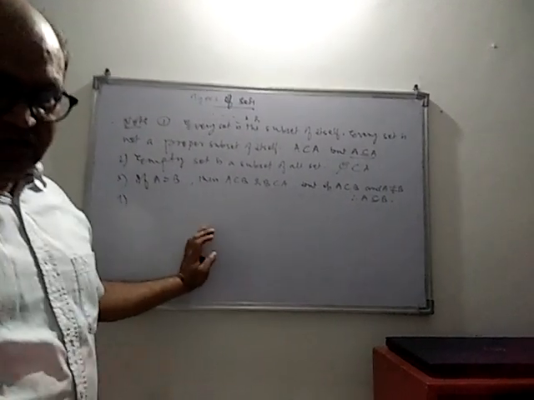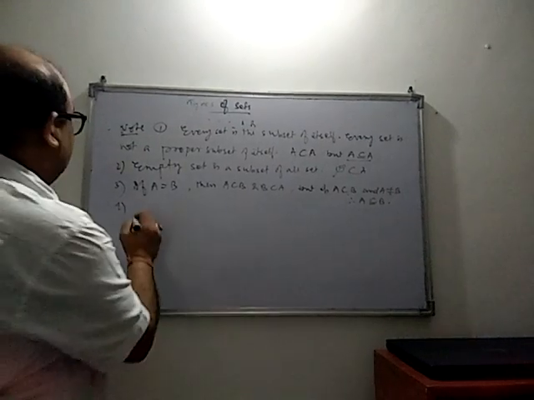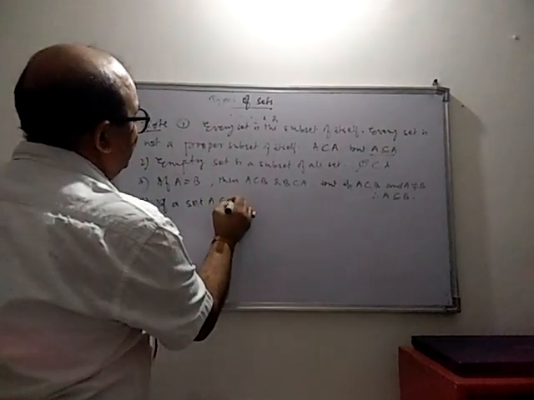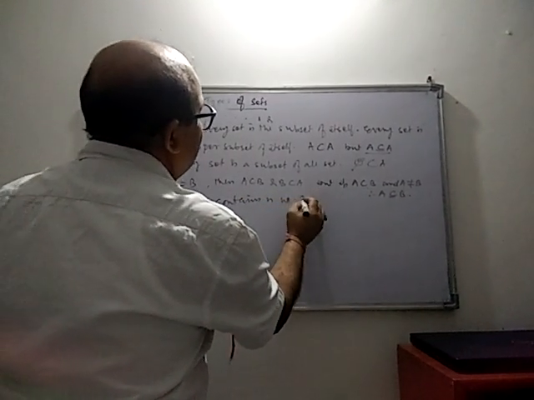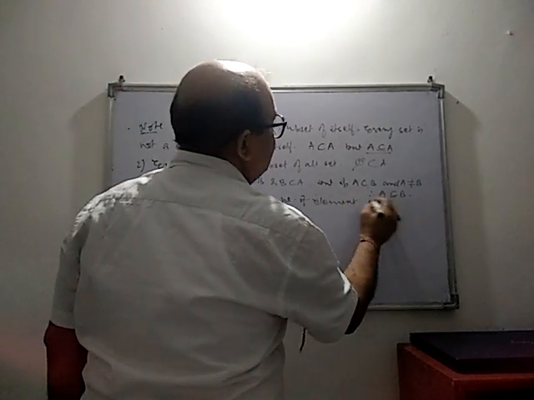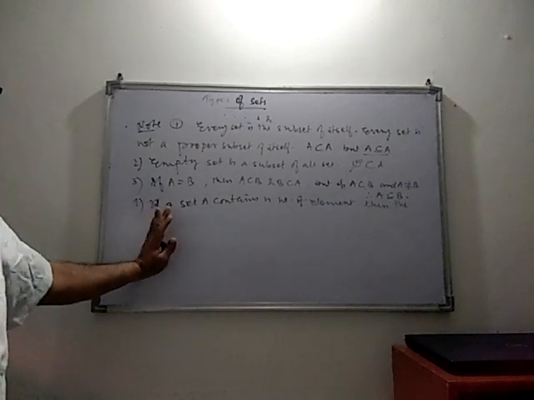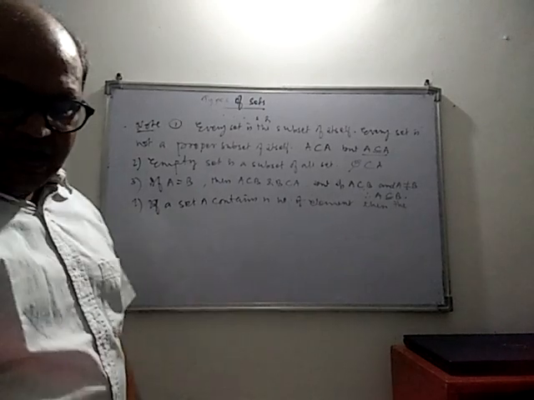Next point. If a set A contains n number of elements, then the number of subsets of set A is given by 2 to the power n.